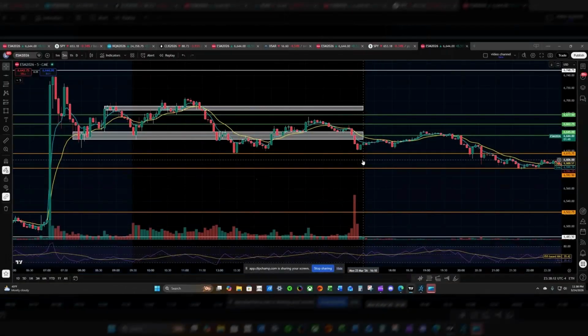So I want to see a 513 cross somewhere in this zone to see if buyers are going to retake this level and push it up again. Because they've done it before. They did it again. Now, can they recover with a 513 cross?